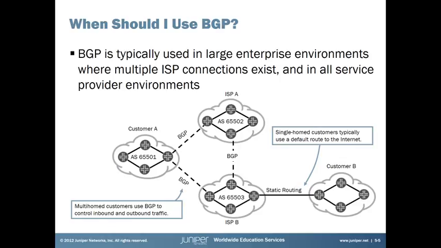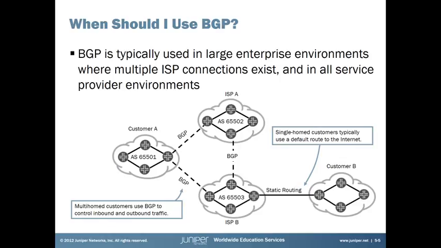So the other thing is, an organization like that, like the Department of Defense, for example, would want to have a high degree of control over the traffic that went between those two ISPs. For example, maybe there were certain types of traffic that may need to go across one particular link, and other traffic that may need to go across another link.